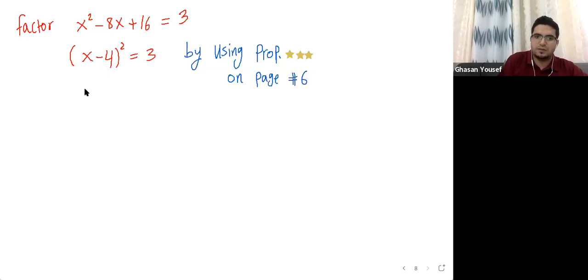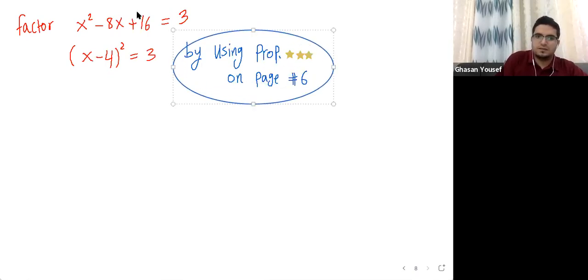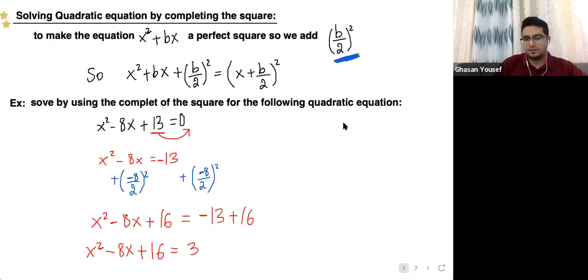This is like a simple quadratic equation. What is the answer for this one by using the property? Here, Jennifer, what is the answer for this one?